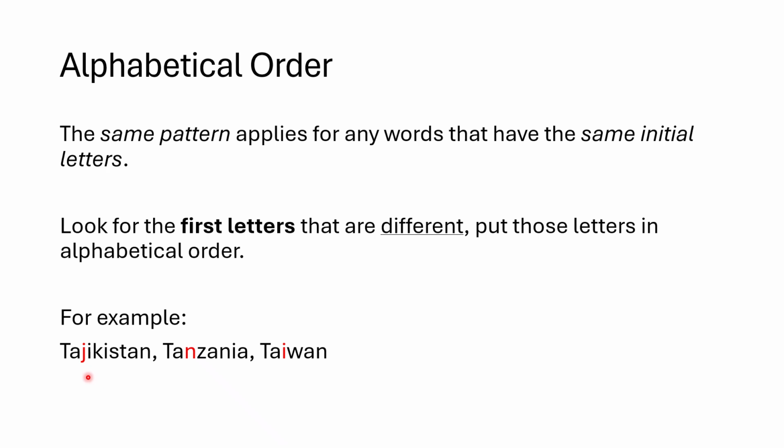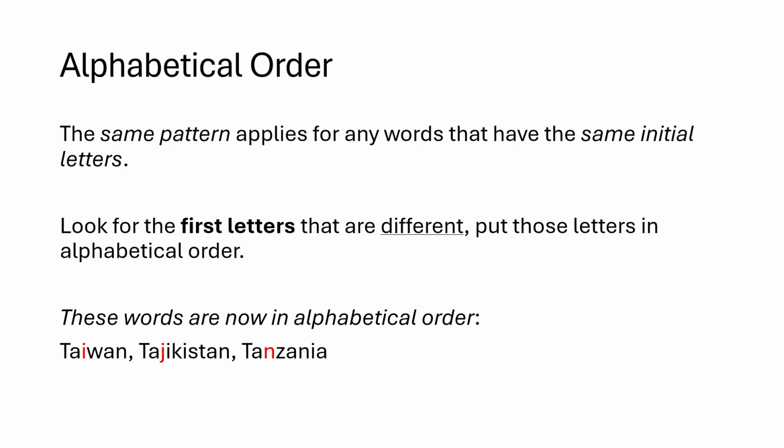The third letter in Tajikistan is J. The third letter in Tanzania is N. The third letter in Taiwan is I. Each of these words begins with TA. By looking at the third letters, we can see that I comes first, followed by J and N. Taiwan, Tajikistan, Tanzania. These words are now in alphabetical order.